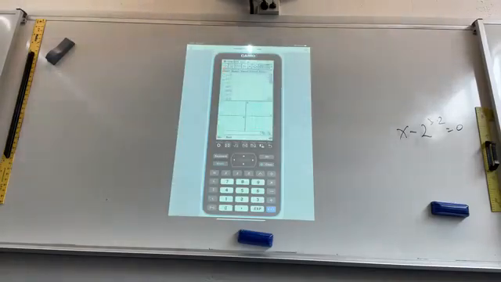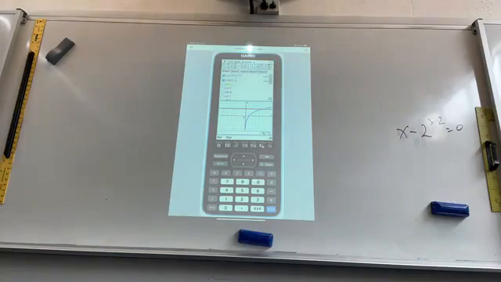The first thing is you type in log 2 of x and the other one is y equals 2.3 or 3.2, whatever. If you draw the graph, you can find the intersection point. That's one way of doing it.